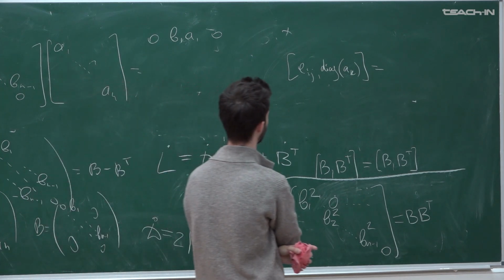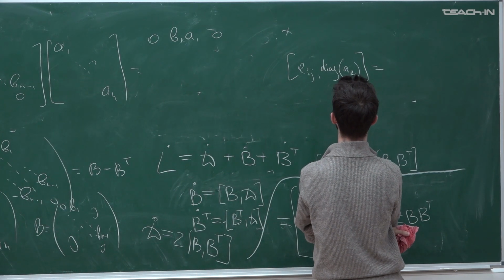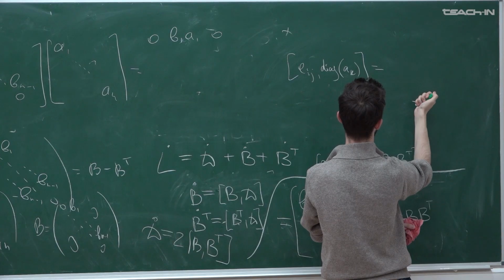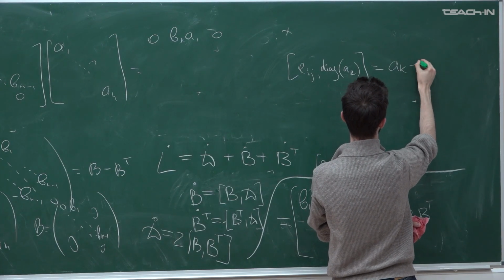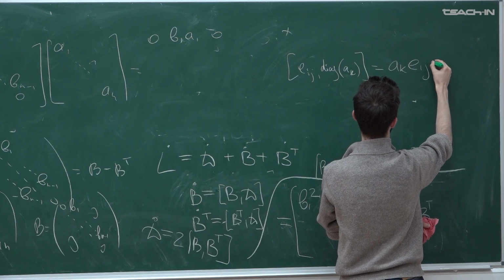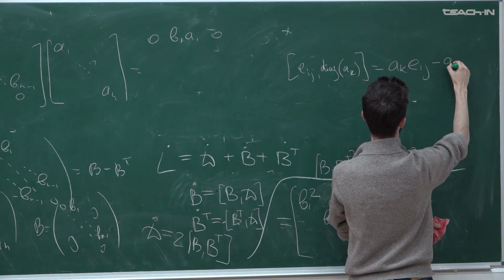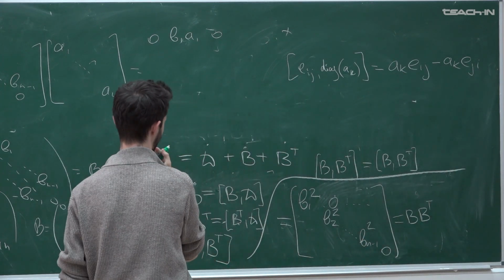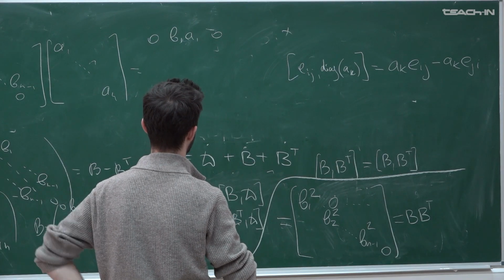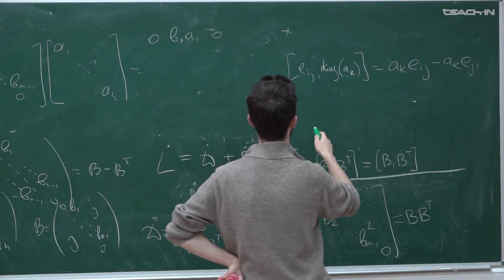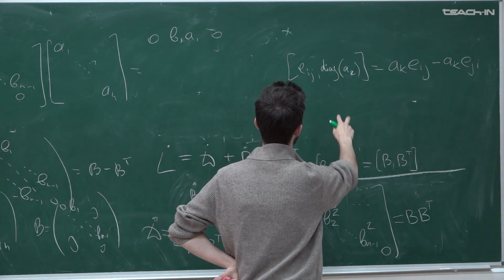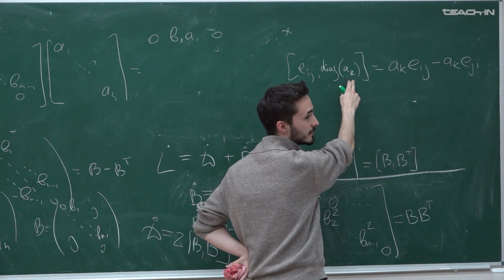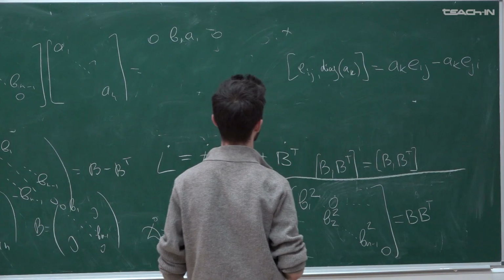So this is just a diagonal where there are all elements, and they're different.